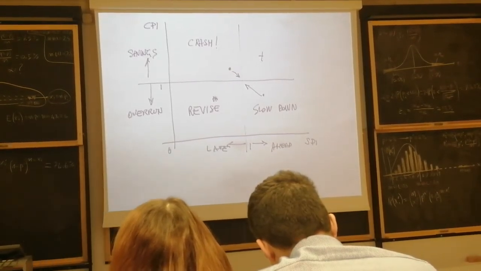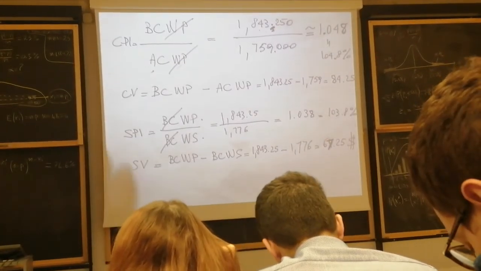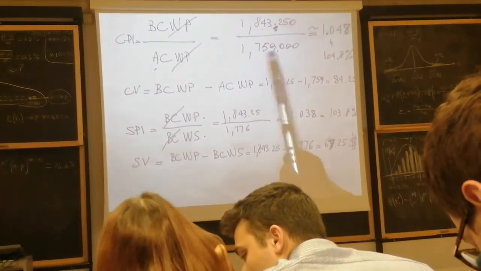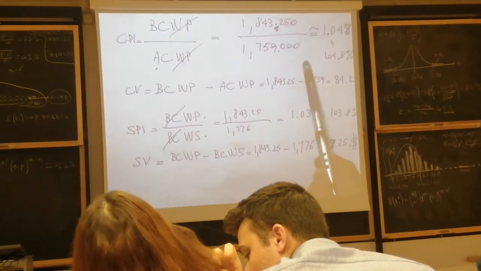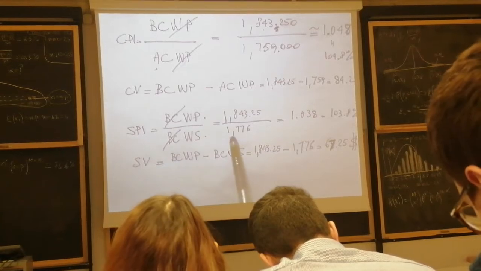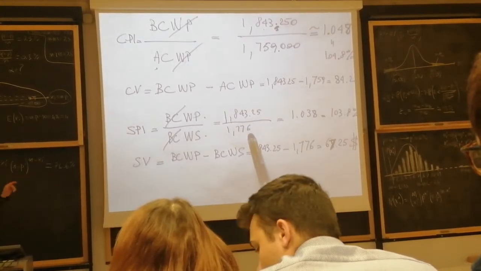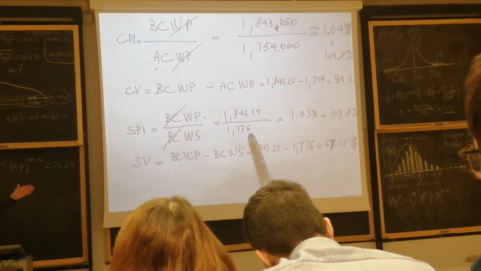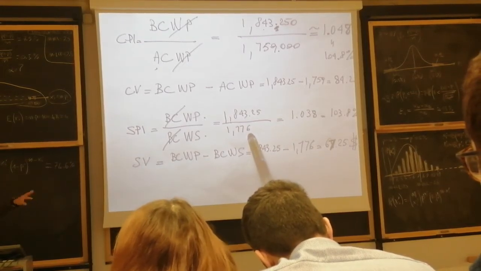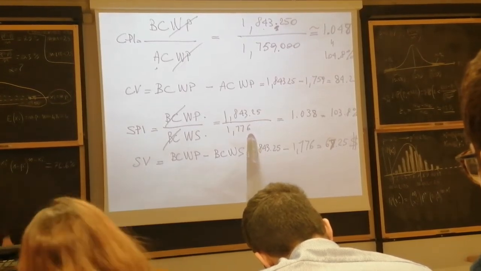So far, the money spent is 1,749,000 out of the original budget. But the total budget is not 1,776. It's more than that, because there's the future October period that has to be taken into account. And if I remember, it's 120 plus 120, which is 240 more.